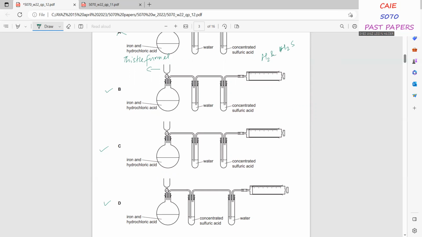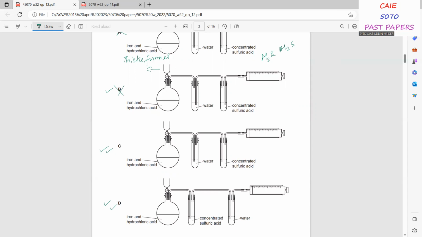So we have two choices in which the delivery tube is dipped completely in concentrated sulfuric acid and water, and that will be C and D. So B is also incorrect.